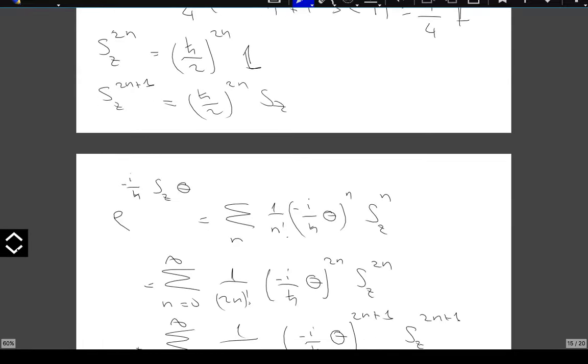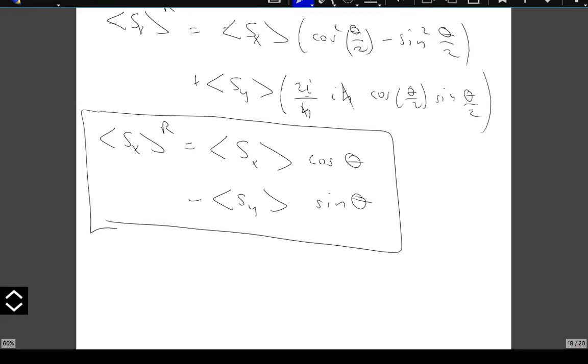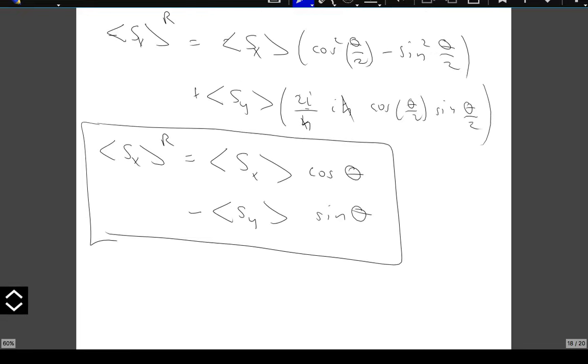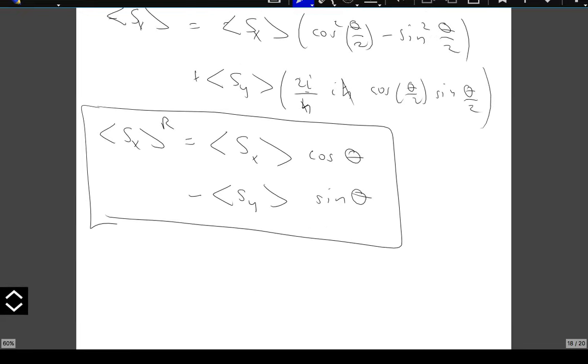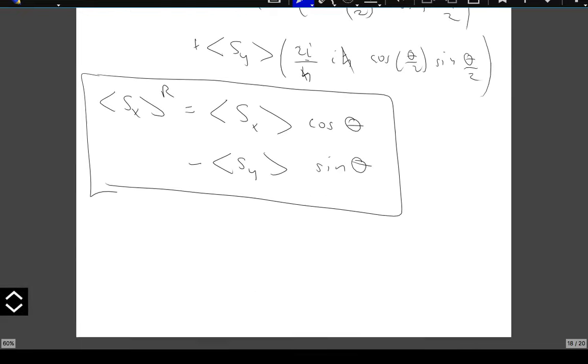And in fact, here we had made an explicit example. When we look at the expectation value of Sx, and then we rotate our kets, after some lengthy algebra, we had seen that this is how Sx transforms. And similarly, you can derive how Sy transforms.